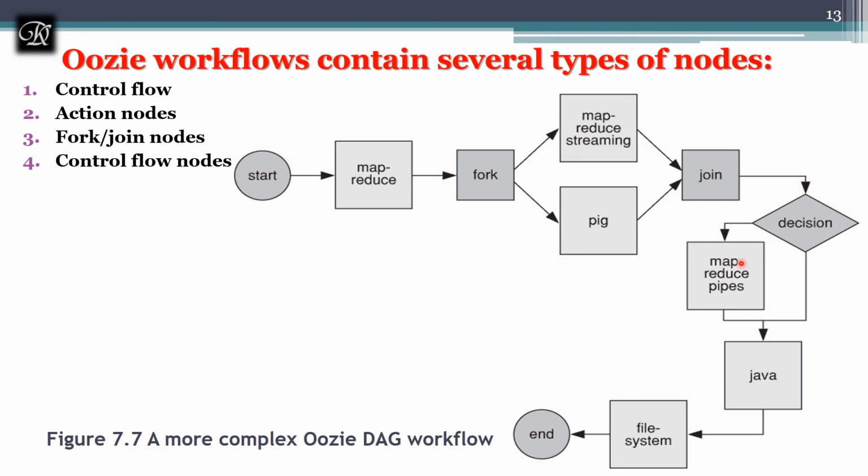Or else, if the decision is false, something should be translated or modified, it will go to MapReduce pipes. Then it's going to give it to the Java runtime engine, where some processing is going to happen. Then finally it will go to the file system, which is nothing but HDFS over here. Then finally the process ends successfully.